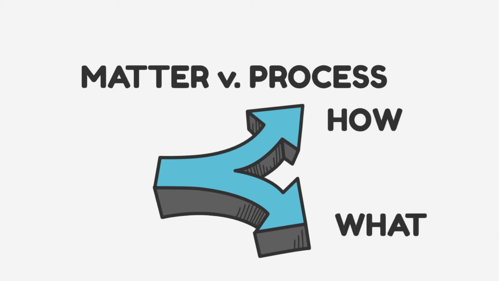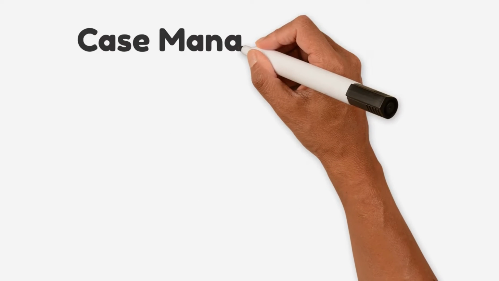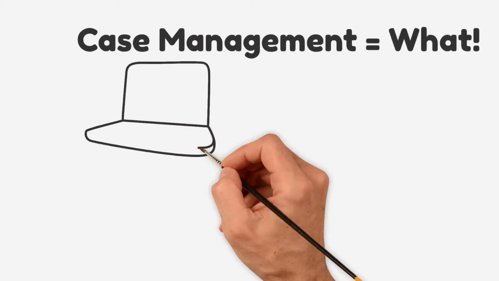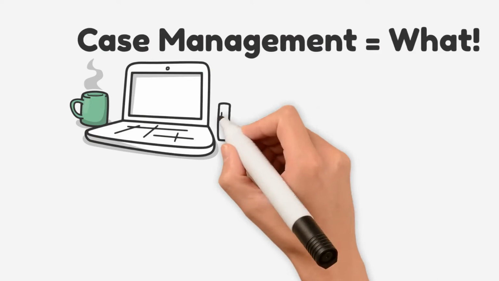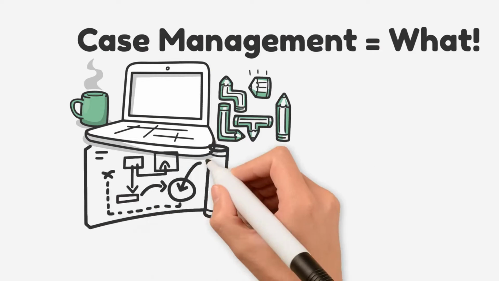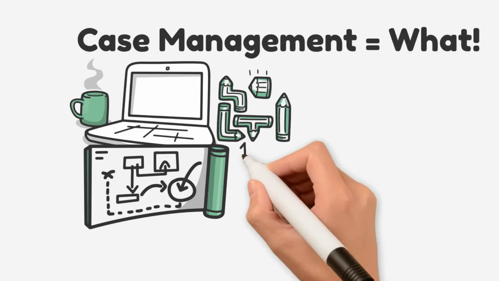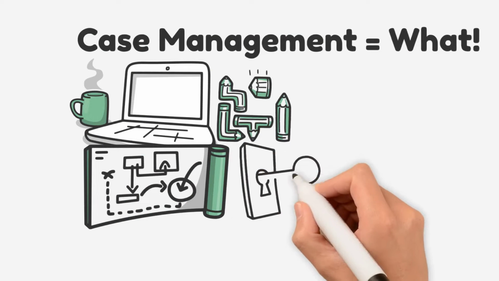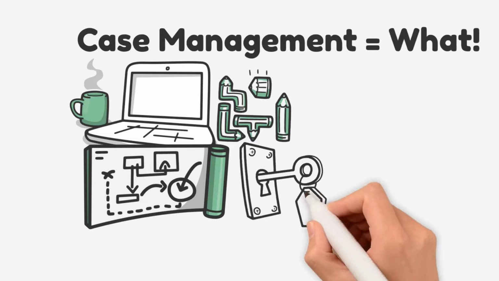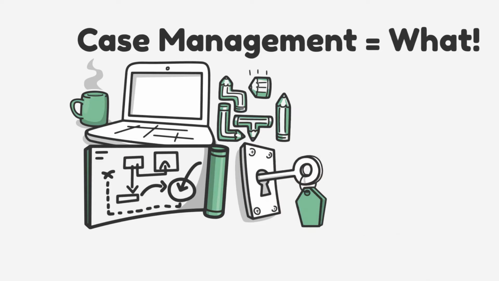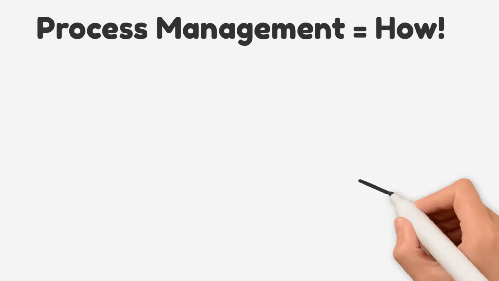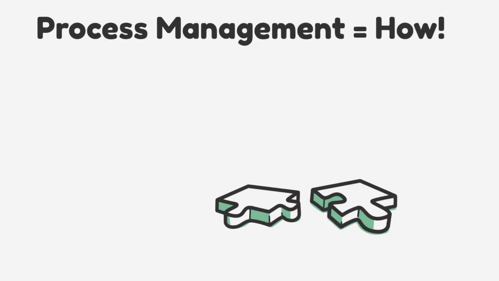Managing the matter is not the same as managing the process, because matter management is the what. What arguments are we going to make? What motions are we going to file? What strategy are we going to adopt? What witnesses are we going to call? What legal clauses are we going to incorporate? What approaches are we going to take to negotiation? That's the what. But process management is the how.